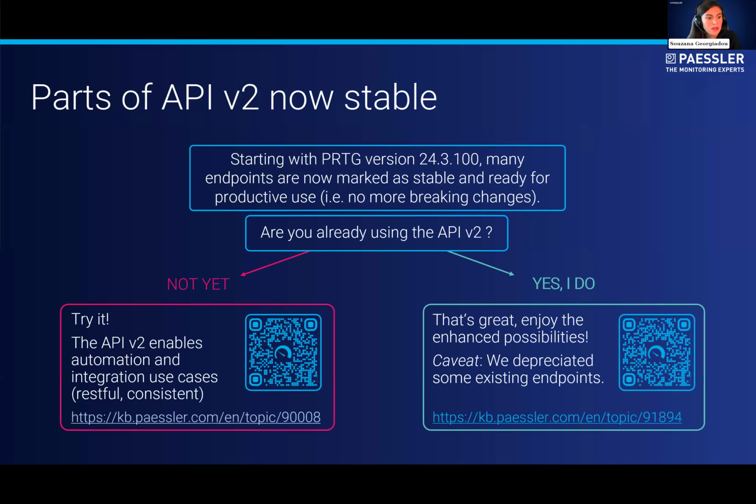For example, being able to get current status information and metrics out of PRTG, to be able to configure devices and sensors in PRTG using other third-party systems. And while the API v2 is still in progress, parts of it or different endpoints are now stable, and you can use it in your productive systems.